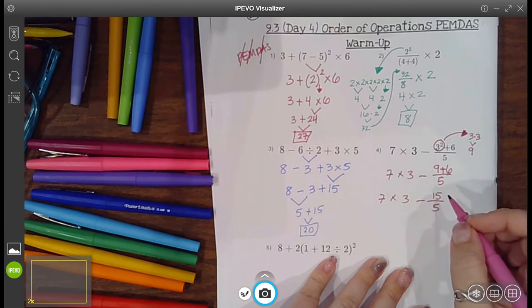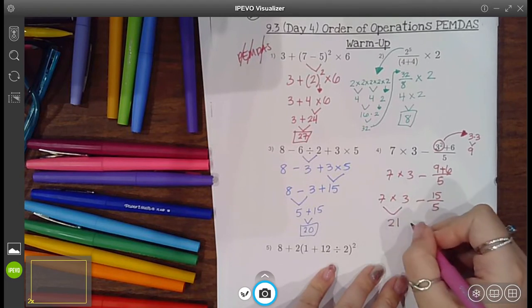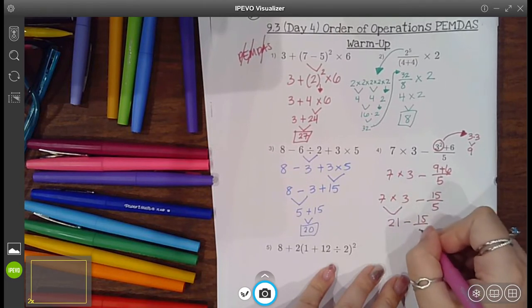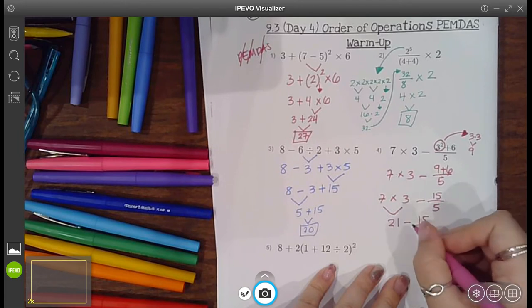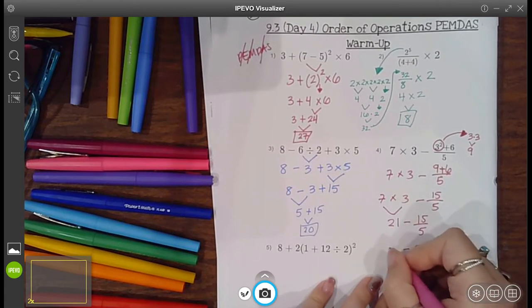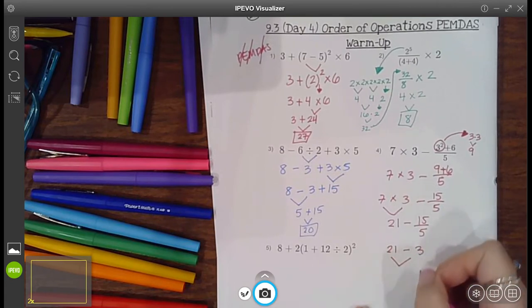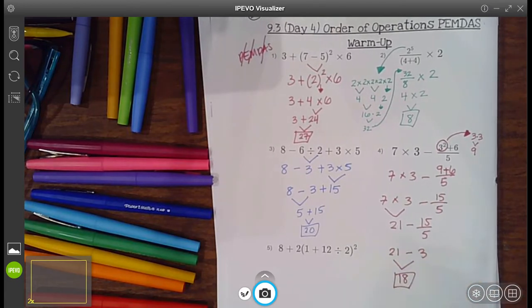So the first thing we see is the multiplication, so let's do that first. 21 minus 15 over 5. And then between subtracting and dividing, multiplication and division come before subtracting. So 15 divided by 5 is 3, minus 21. And now you can go 21 minus 3, which is 18.